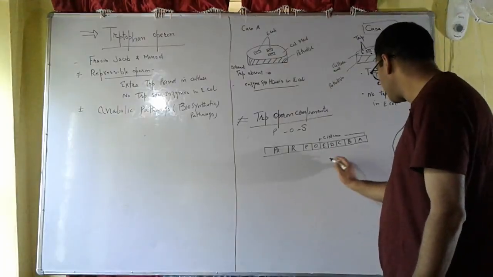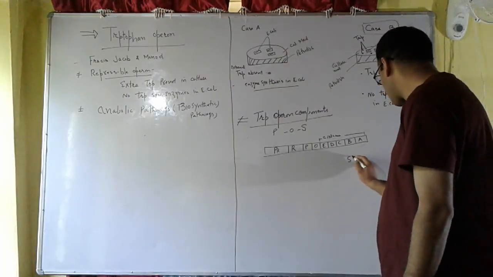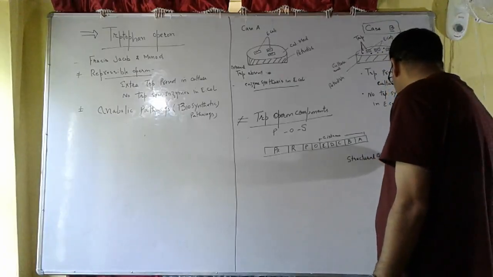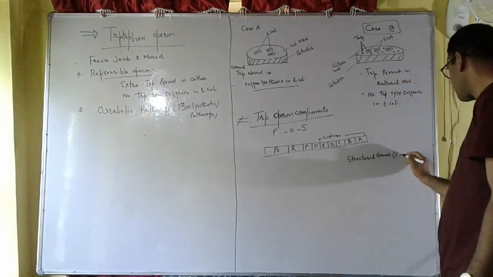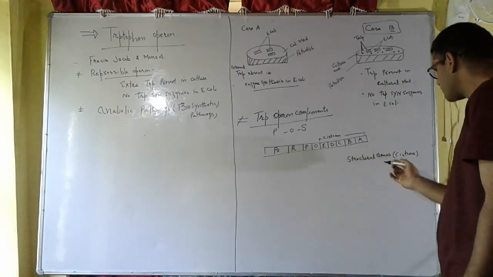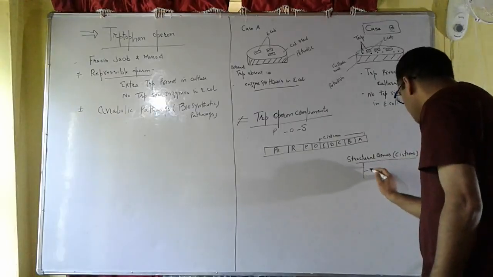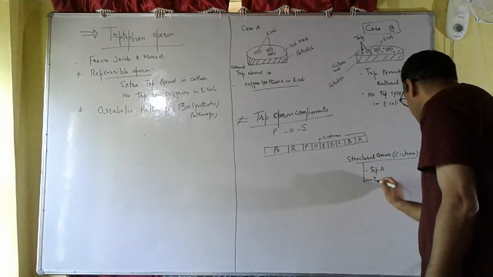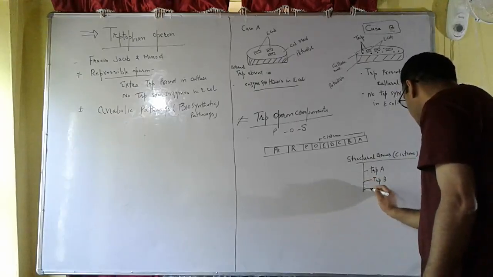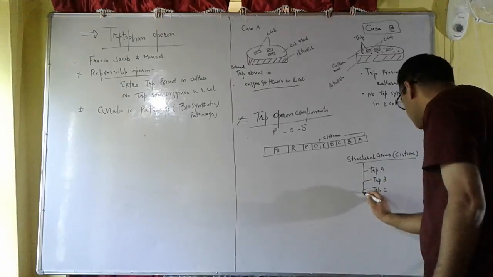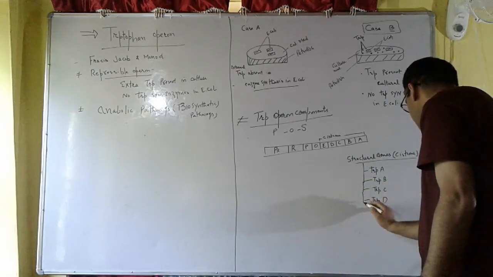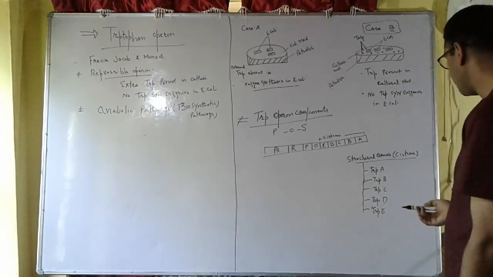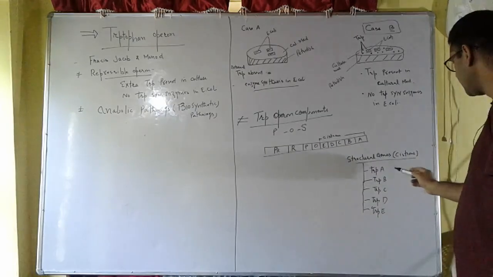The structural genes, called cistrons, are tryptophan A, B, C, D, and E. What do they synthesize?